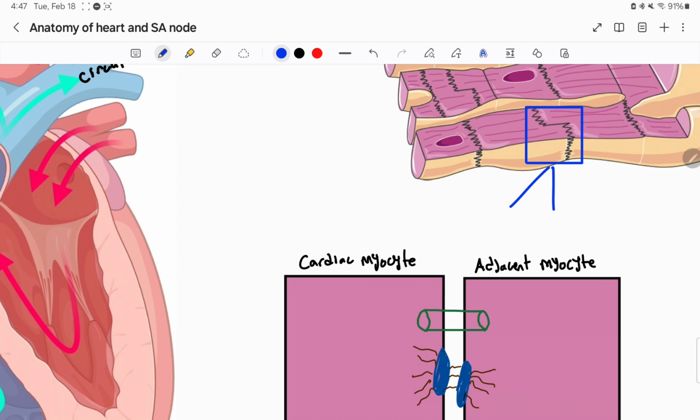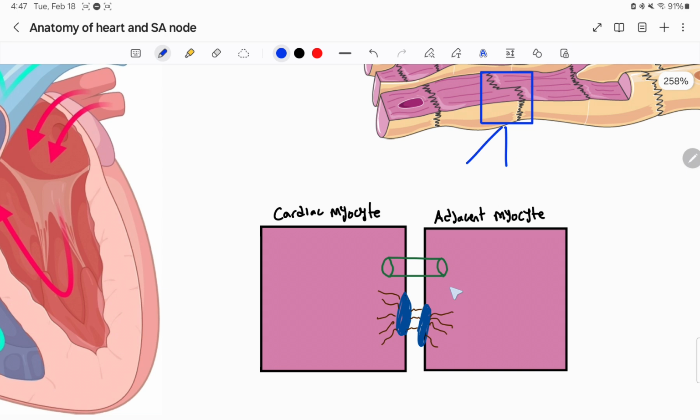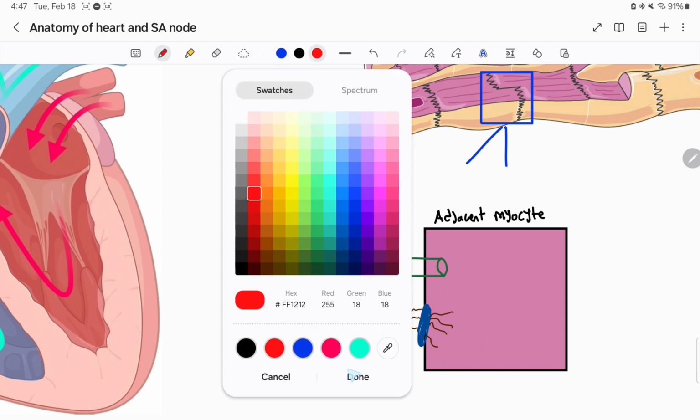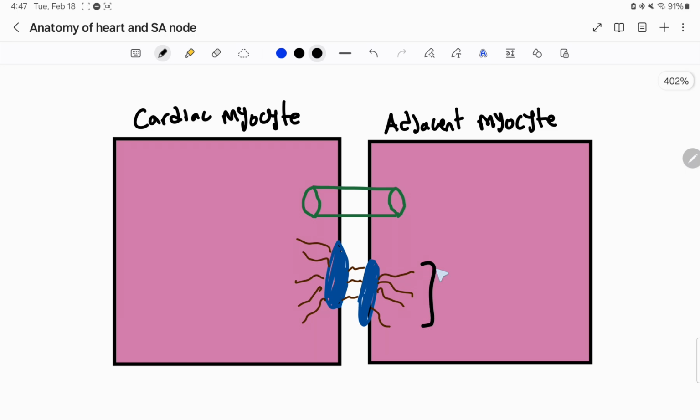Well, what am I going to see? Right at the point where they're attached, you'll see these two special molecules. This one right here is called a desmosome.